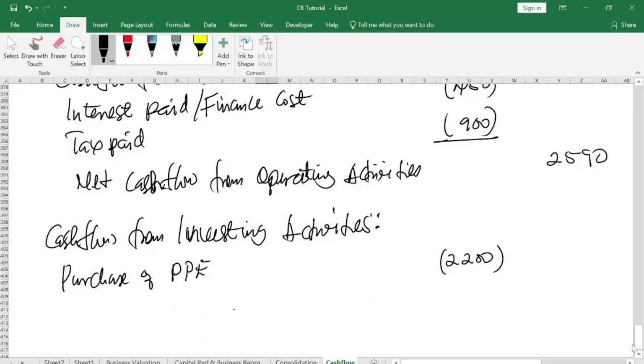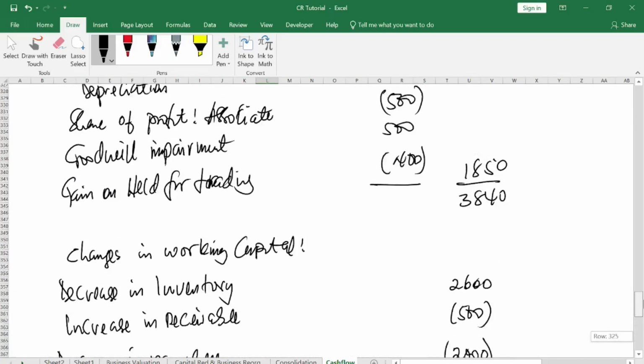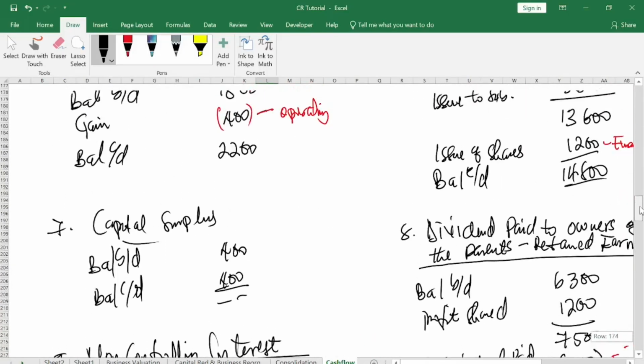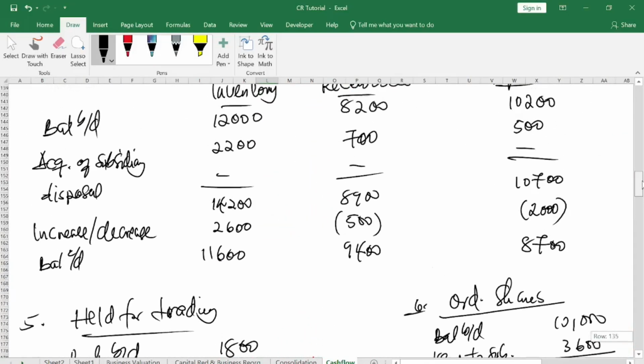The next item is what? What are the activities that come under investment activities? Please show me. I didn't say anything about disposal here.